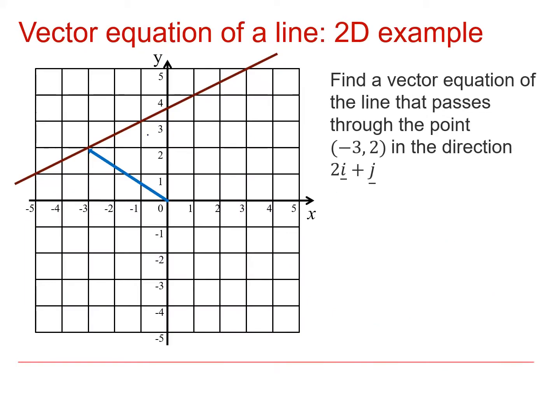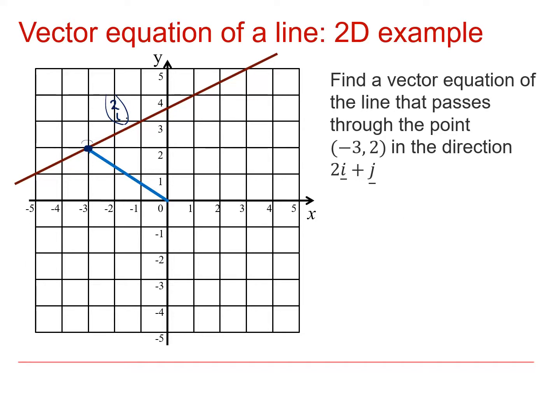Okay, so let's have a look at the vector equation of a line. We're given here a line that passes through this point, -3, 2, which is here on the diagram, in the direction 2i plus j. Well, the direction 2i plus j is 2 across and 1 up, so we can see that that's what this line represents, 2 across and 1 up.